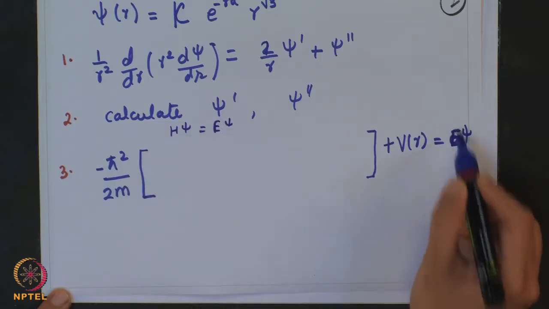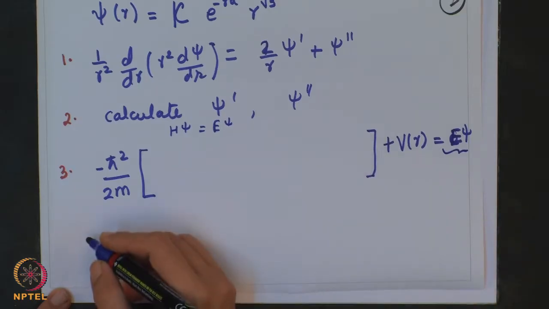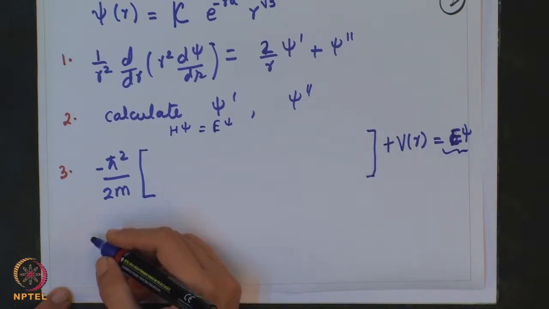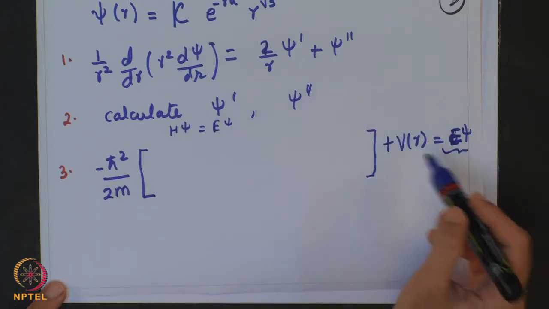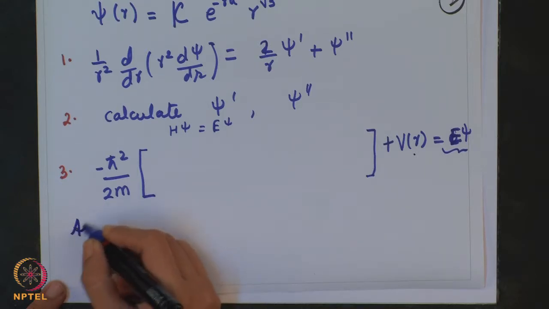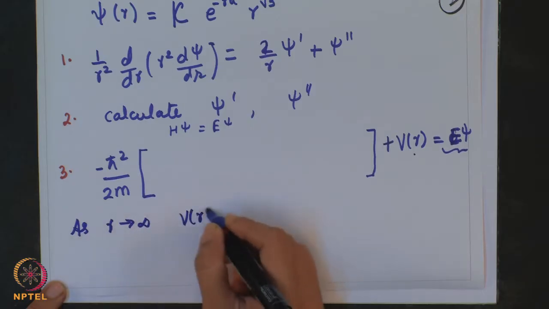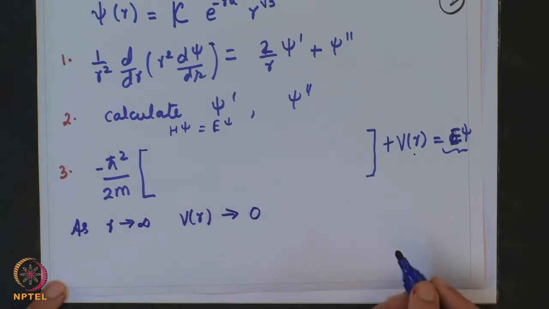So, we have to evaluate this E term after doing all this. And in the question you are given that this potential V of r is the central potential. And what do you know about it? We know that as r goes to infinity, V of r will go to 0.